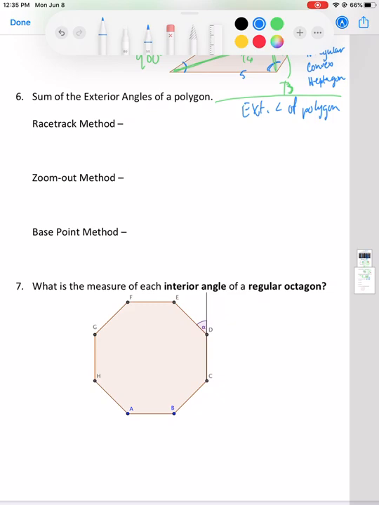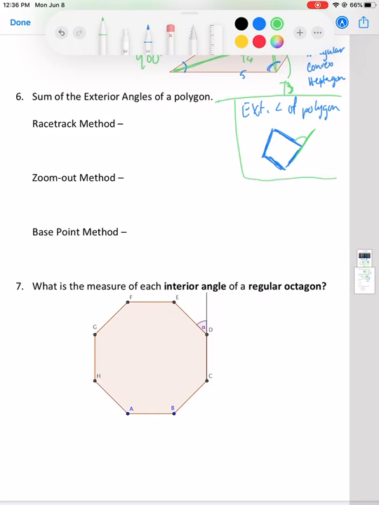Let's just draw a polygon, like a quadrilateral maybe. Here we've got some sort of trapezoid. I'm going to extend the base, and that's the exterior angle this way. So any base you extend and then you choose the outside of that figure, that's your exterior angle.